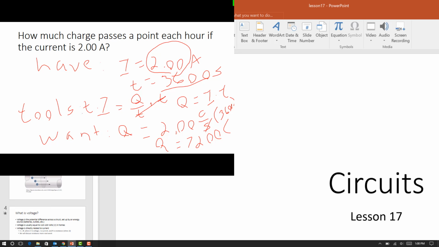You would need to do 7.20 times 10 to the 3rd power. That would be the only way to present it with exactly 3 significant figures, unless you wanted 72.0 times 10 to the 1st power, but that would be silly. If you're going to go to scientific notation, you got to commit. 7.20 times 10 to the 3rd power. But we'll leave it as 7,200 coulombs.